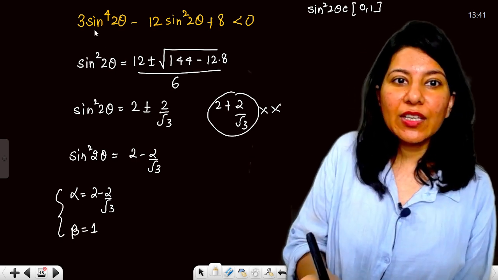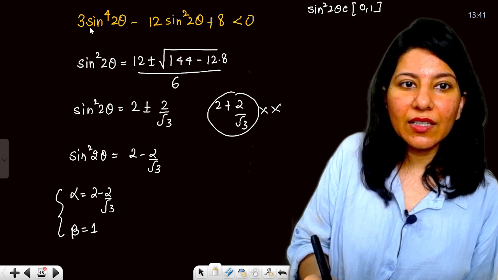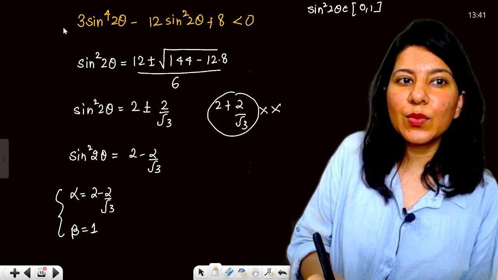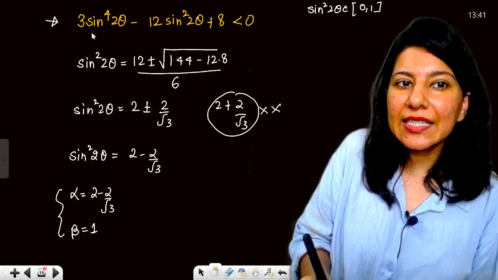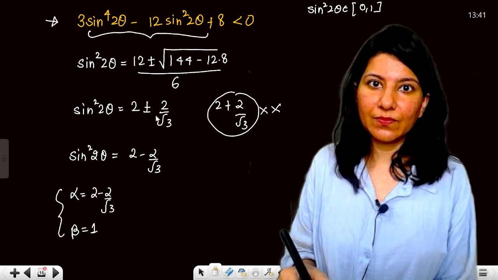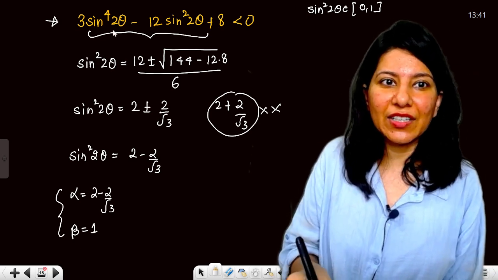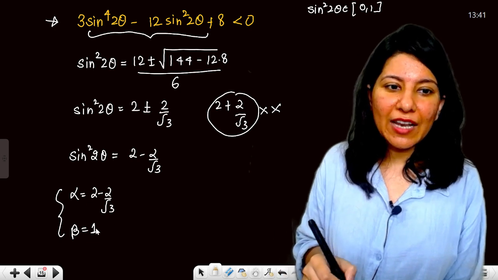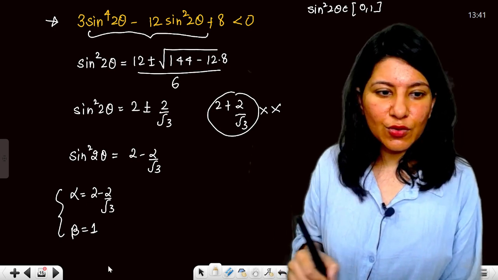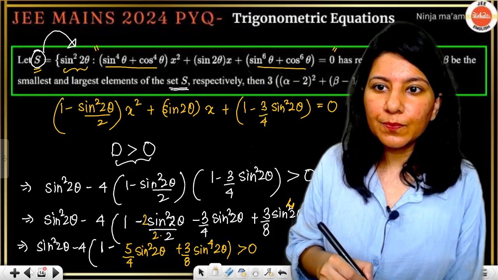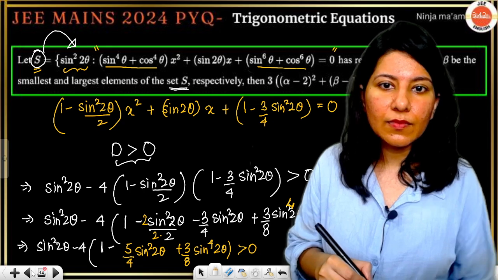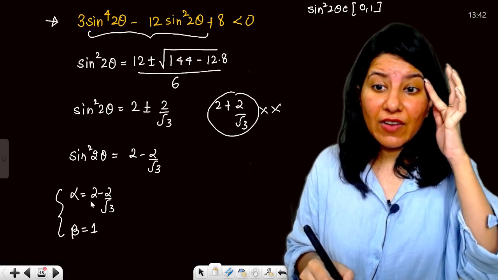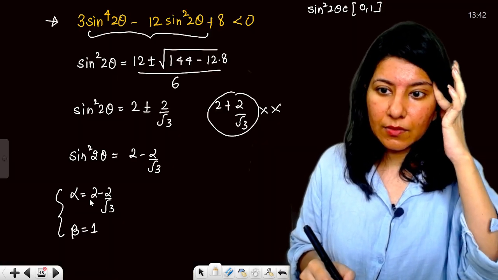Because if you put 1 in place of sine square 2 theta, just tell me, is this inequality getting satisfied? Yes, definitely it is getting satisfied, right? 3 minus 12 plus 8. Yes. So alpha value you've got, beta value you've got, and also in set S. Okay, alpha is 2 minus.